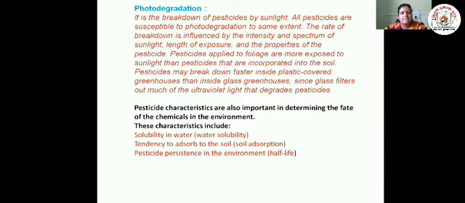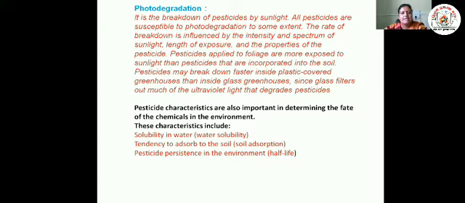Pesticides applied to the foliage are more exposed to sunlight than pesticides that are incorporated into the soil. Pesticides may break down faster inside plastic covered greenhouses than inside glass greenhouses, since glass filters out much of the ultraviolet light that degrades the pesticides.